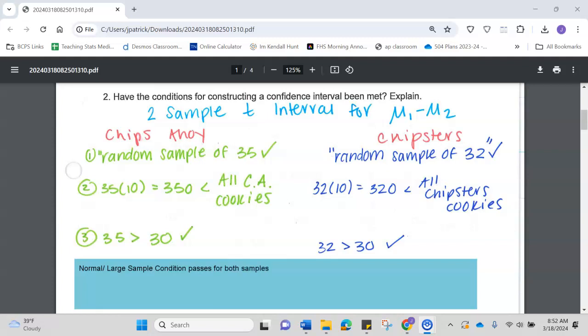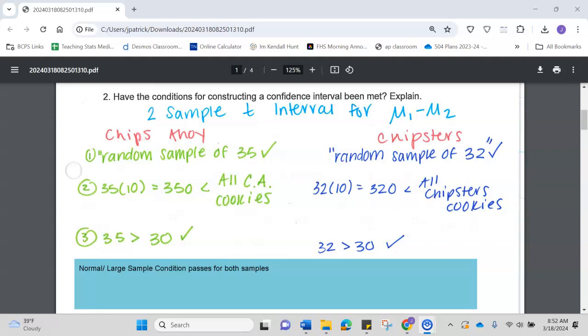So again, the normal part of this, like normal large sample, is just saying, what if our population was normal? If it states that, our sampling distribution, when we estimate the population standard deviation with the sample standard deviation, even though it's coming from a normal population, we're still going to end up with that t-curve. That wasn't the case, so we checked to see if the sample was large enough, and it was.